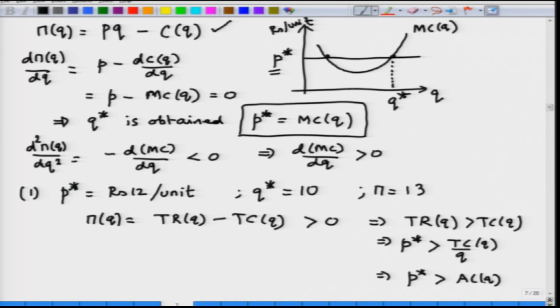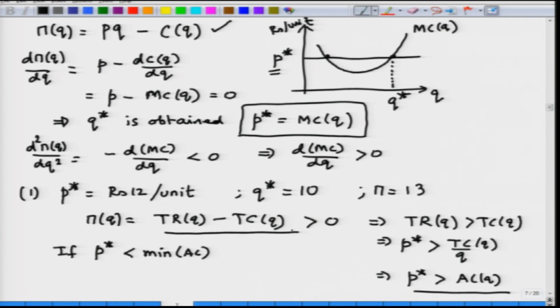So, if you look at an average cost curve, what does it mean to say that P star must be greater than the average cost? Well, the profit is going to be positive when this condition is satisfied. If P star is less than the smallest of the average cost, then it will never satisfy this condition.